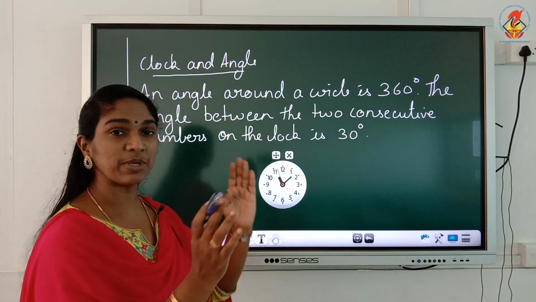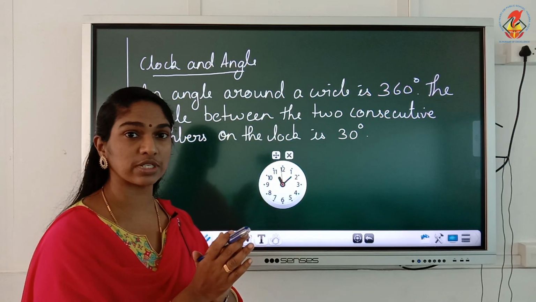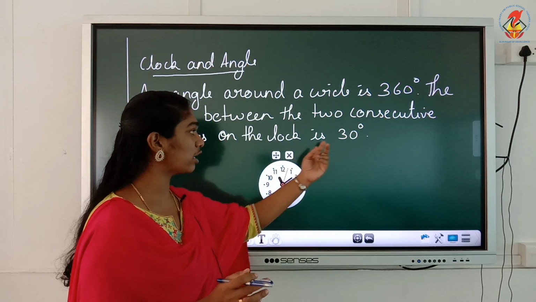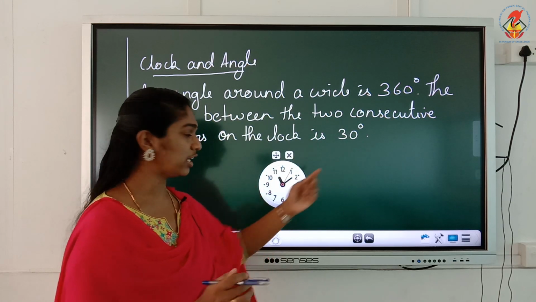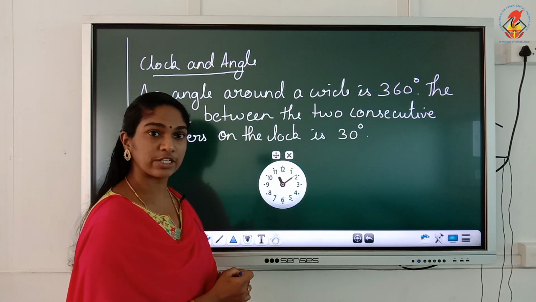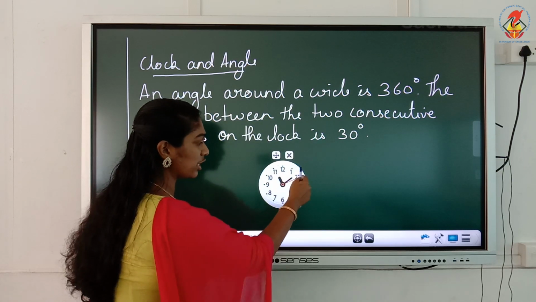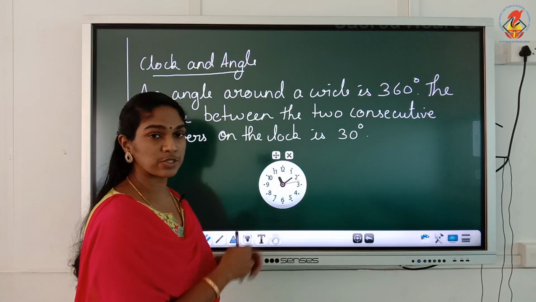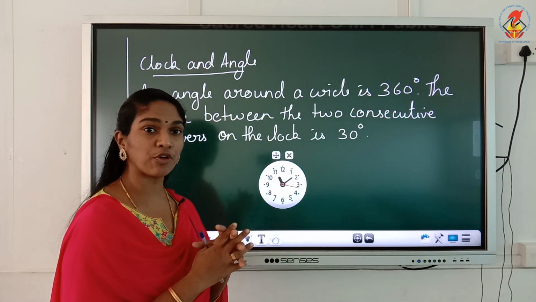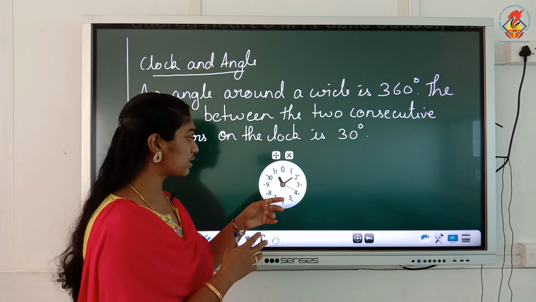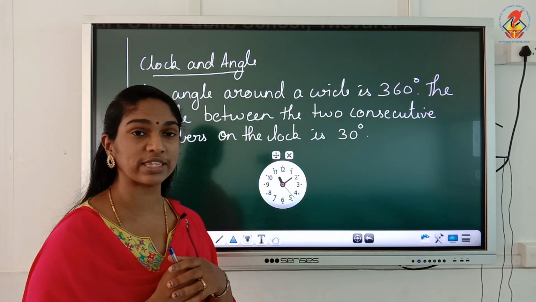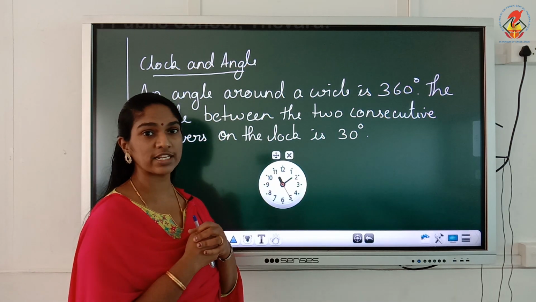So the angle between these two consecutive numbers will be 30 degree. That is between 12 and 1, the angle will be 30 degree. Angle between 1 and 2, that is when the hour hand and minute hand are at 1 and 2, the angle formed over there is 30 degree. Similarly, the angle formed at 2 and 3, if the hour hand and the minute hand are at 2 and 3, is 30 degree.